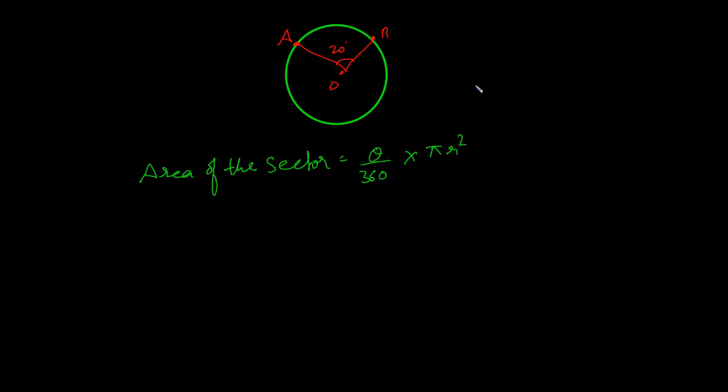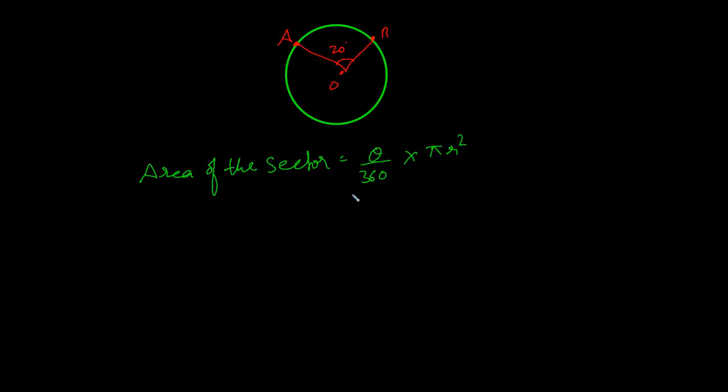Now the question can also ask you for the area of the sector. So we may have a question which talks about the area of the sector AOB, with this angle as 20 degrees. The area of the sector is given by theta over 360 times pi r squared.